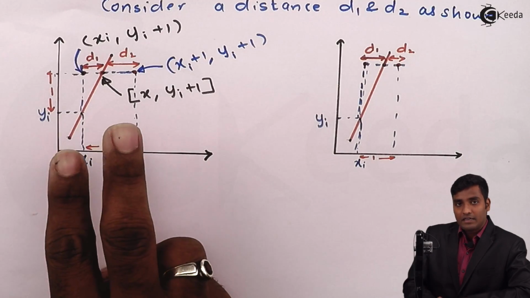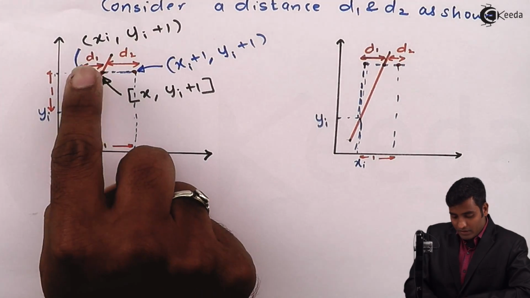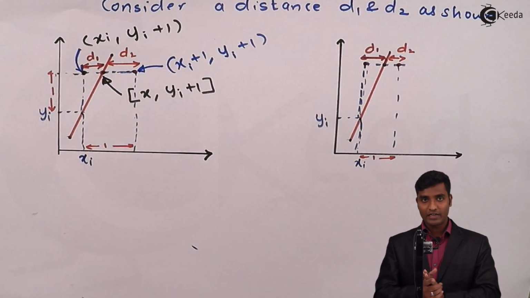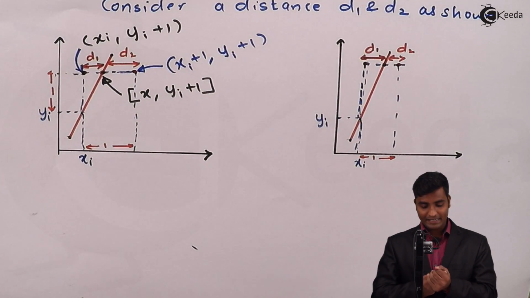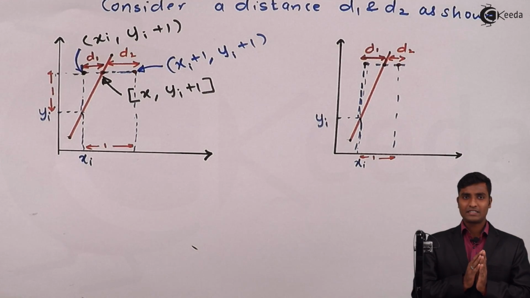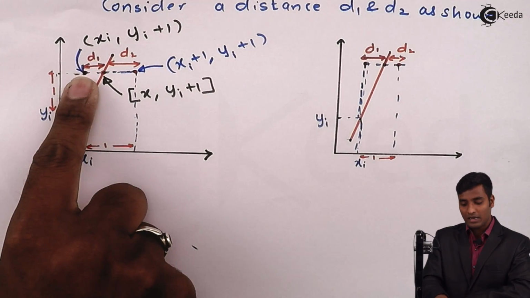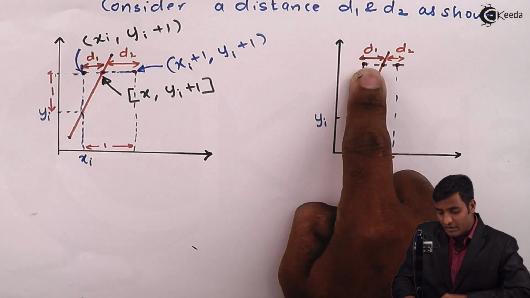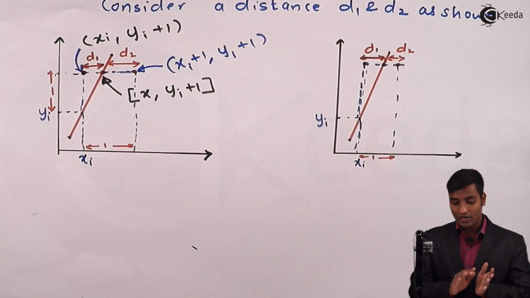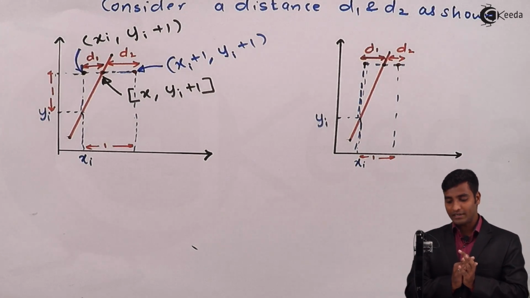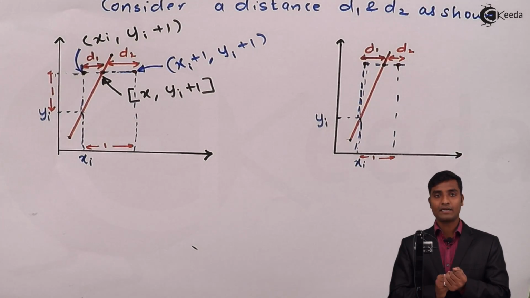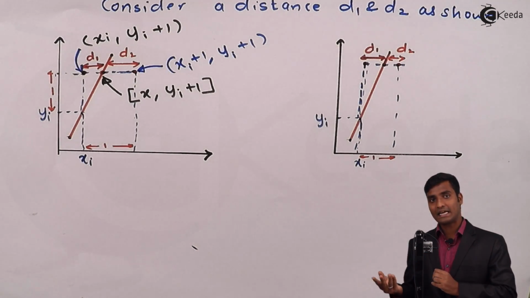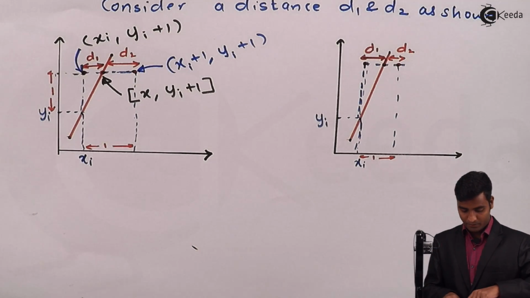From the figure we can see that we have two distances, d1 and d2. So we have two figures. From both figures it is clear that in one, d1 is smaller and d2 is bigger, and in the other, d1 is bigger and d2 is smaller. On that basis we can come to know whether the I plus 1th pixel for x is xi or xi plus 1.